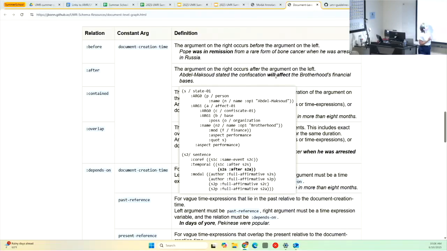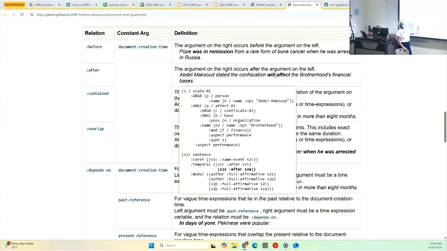So there's an example. After Abdul Maqsood stated the confiscation will affect the brothers' financial basis, and that's in the future. So none of these examples establish the document creation time, but a lot of times what I've seen is the document creation time is used as the baseline in the first sentence, and then all of the subsequent sentences relate to the previous sentence, or whatever makes the most sense.